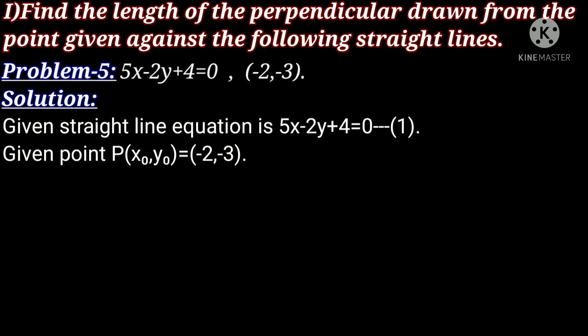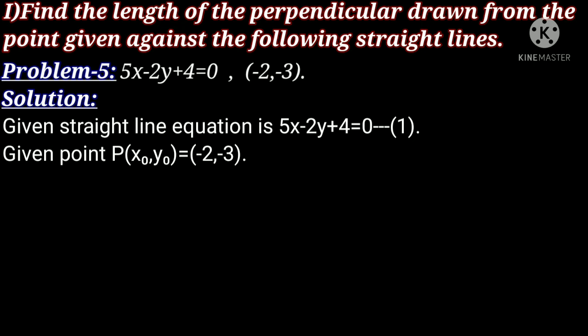We know the formula: mod of ax0 plus by0 plus c, by square root of a square plus b square. Here a, b, c are the values taken from the given equation 1, by comparing equation 1 with ax plus by plus c equal to 0.